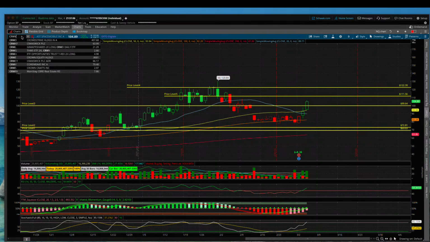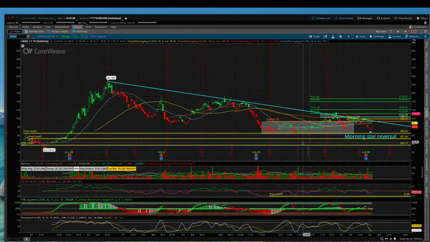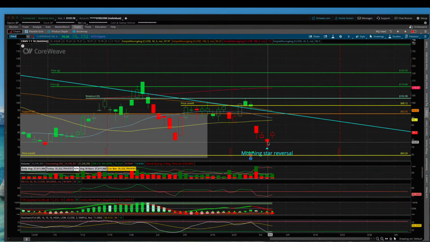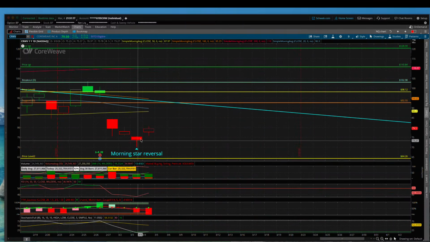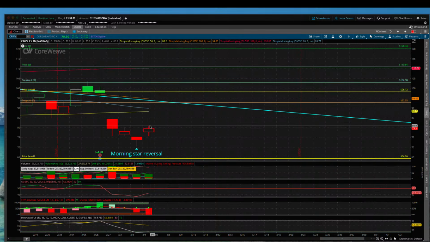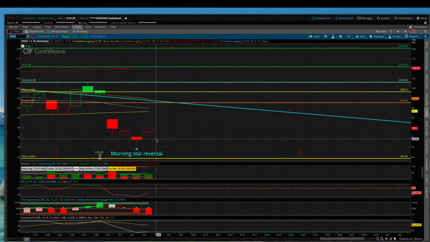All right, CRWV. Okay, Morningstar reversal. You can't get any better than this. Morningstar reversal is a gap down and then sell off with the reversal, doji candle, then a gap up, positive candle. All right, this is a self-confirming pattern.